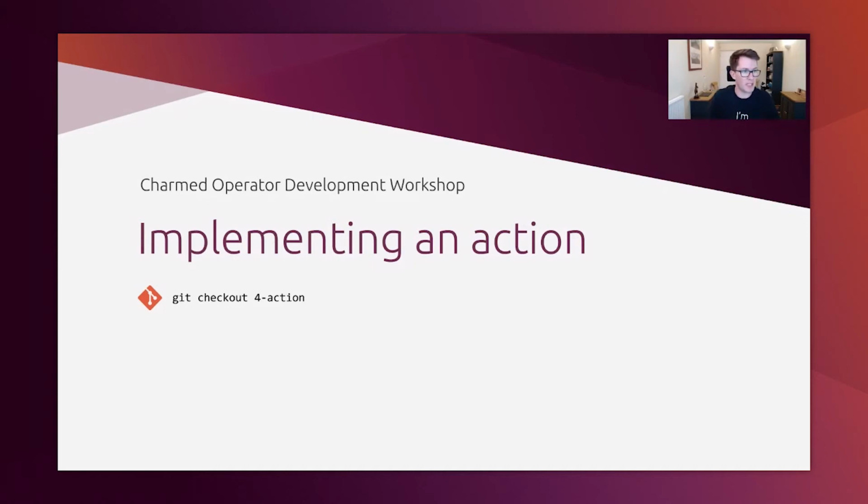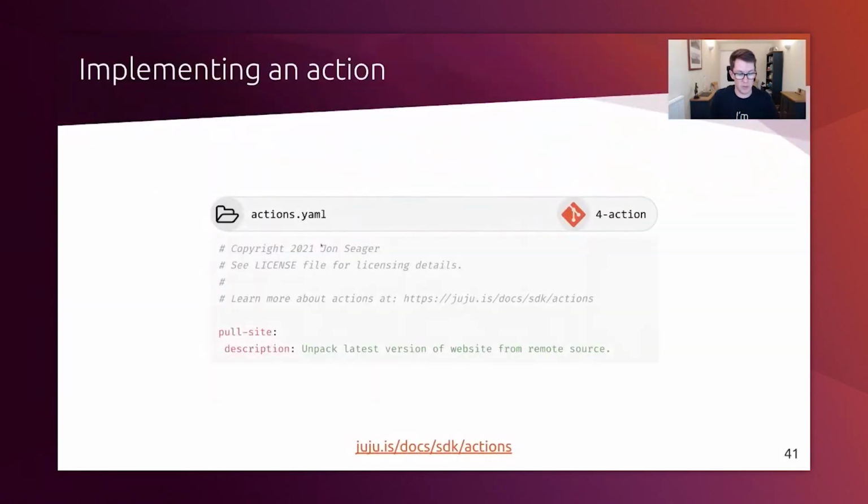So if there aren't any other questions, then we'll move on to the implementing an action phase. So you probably guessed it. The first thing we're going to do is go into actions.yaml. This is somewhat more complicated than config.yaml. We're only implementing a very simple action here that doesn't take any parameters. So we're just literally going to set the name of the action, which is pull site, and a description.